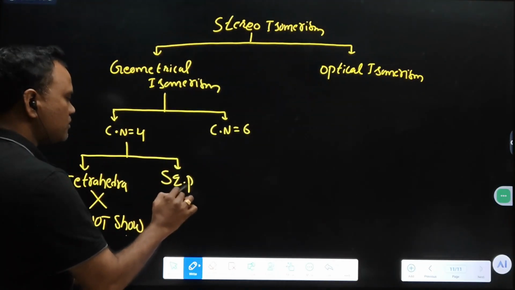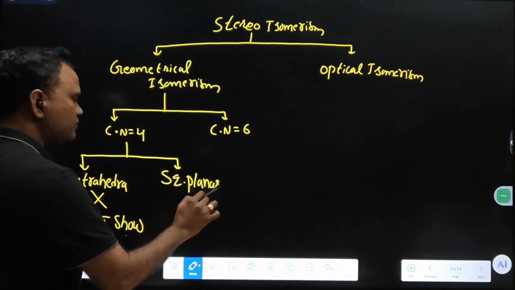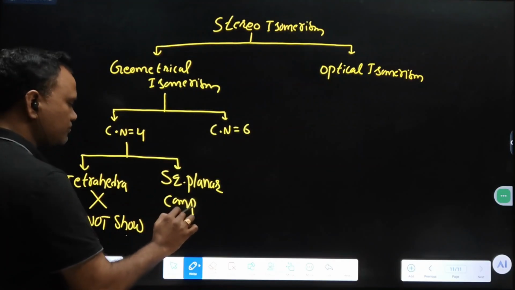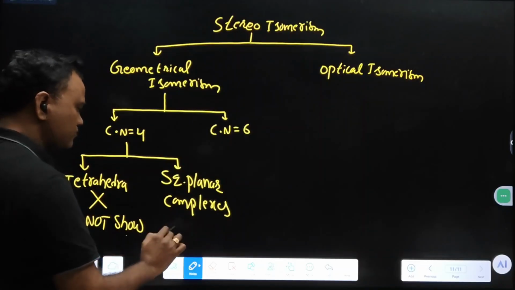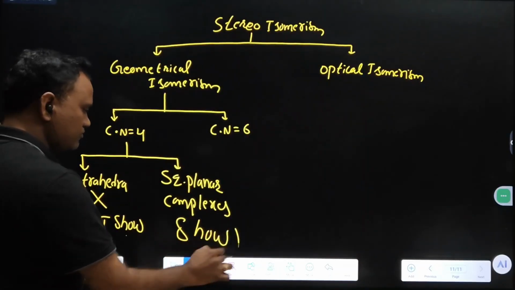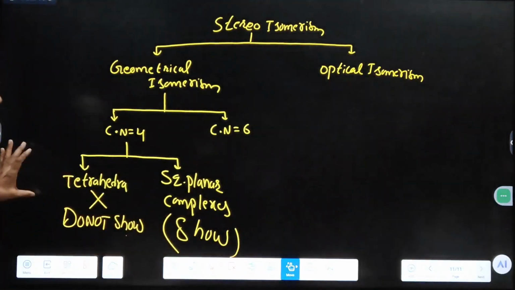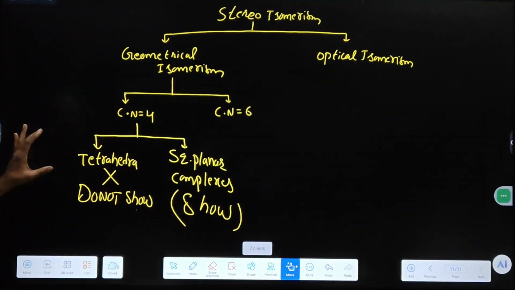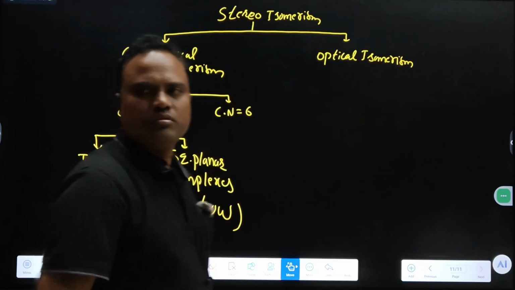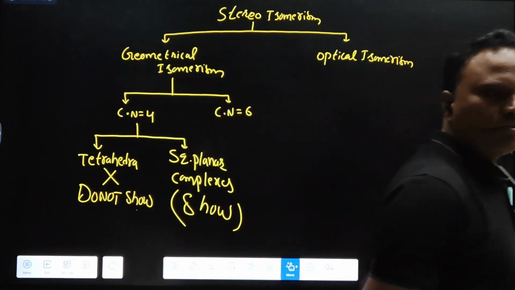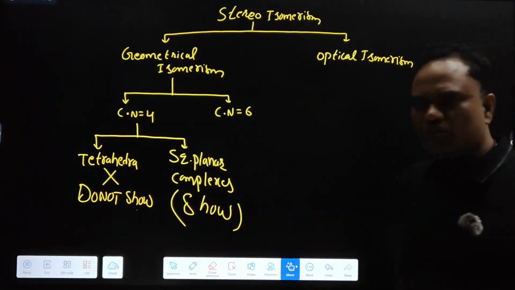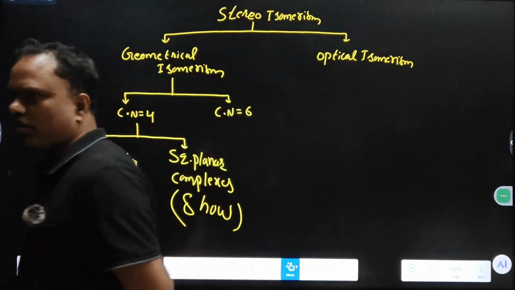Square planar complexes will show geometrical isomerism. So the most important point: tetrahedral complexes do not show geometrical isomerism. How to find tetrahedral complexes?